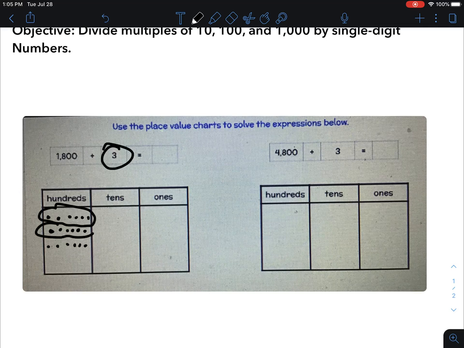And then I could divide them by 3, or divide those into 3 groups. 1, 2, 3 equal groups. And then my answer is, well, how many do I have in each group? So I have 1, 2, 3, 4, 5, 6. Right? But my answer is not 6. Think about that. It's 6 hundreds. And there's your answer.